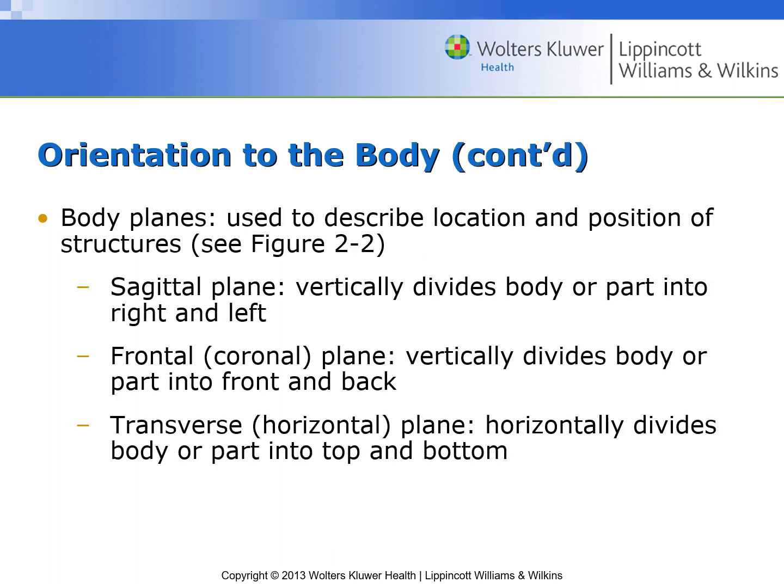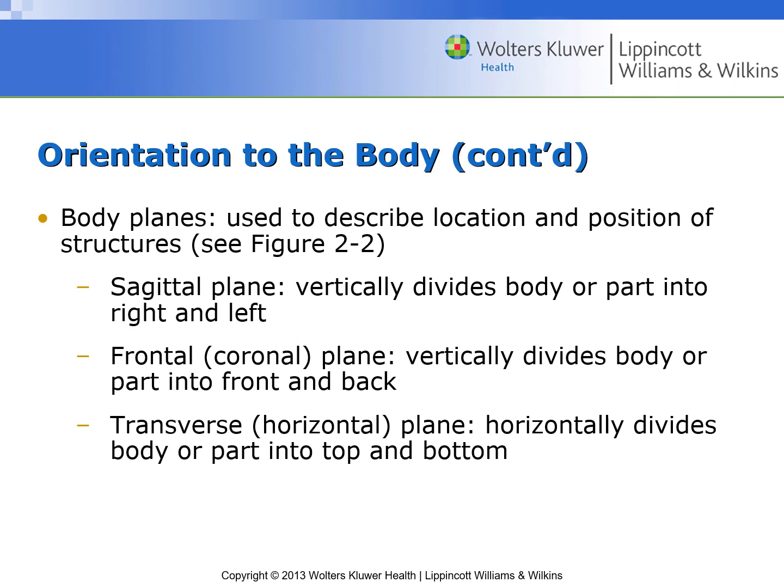When we consider the orientation of the human body, we have to consider what is referred to as body planes. Body planes are used to describe the location and position of body structures. The sagittal plane vertically divides the body or part of the body into right and left.